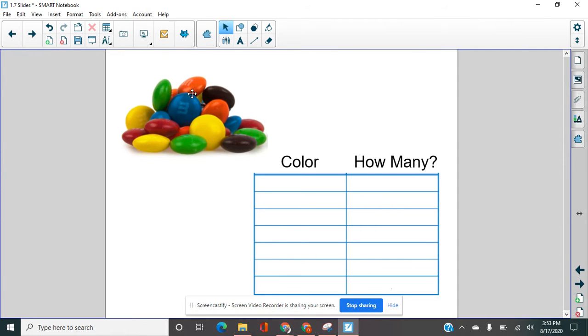So let's look at our pile of M&Ms. What we would need to create first before we start to graph things is a tally chart, also sometimes called a frequency table.